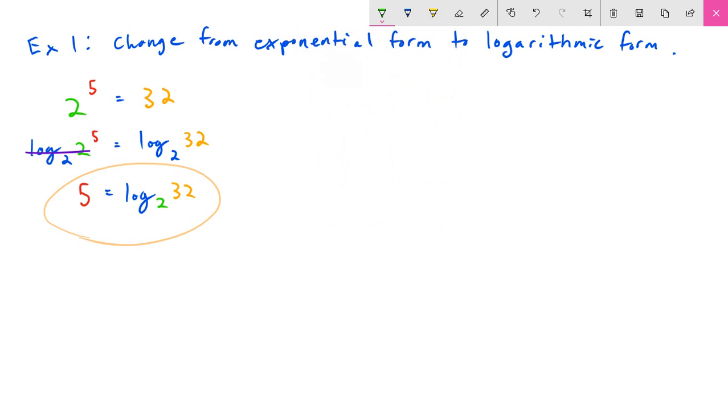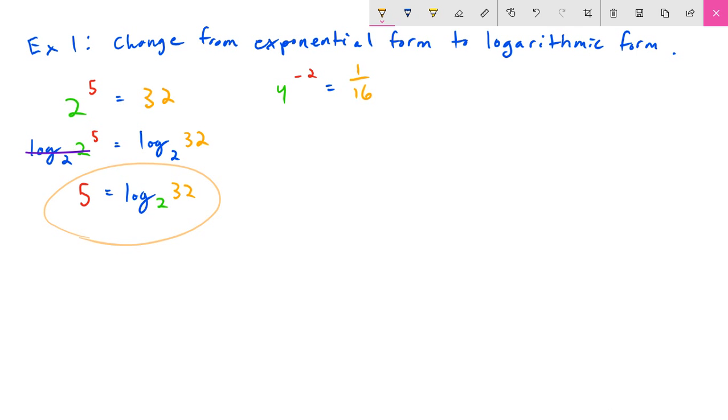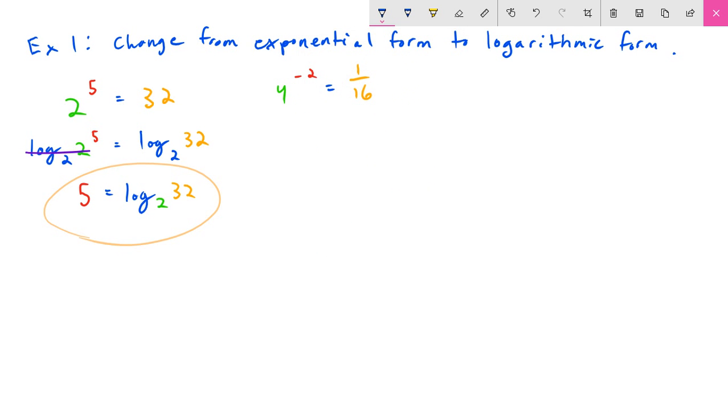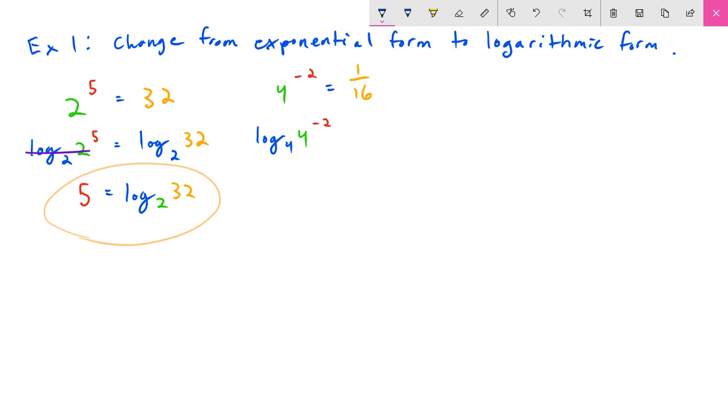We're going to do 4 to the negative 2 equals 1 over 16. So how would I change this into a logarithmic form? What do I do? Right, log base 4 of 4 to the negative 2. And then?